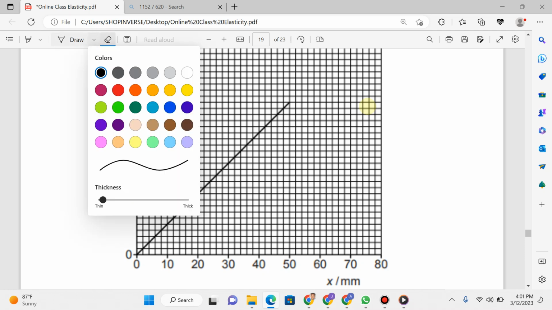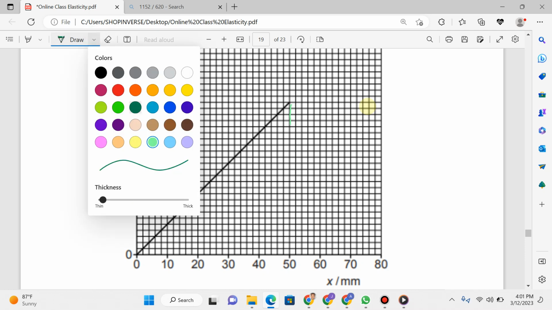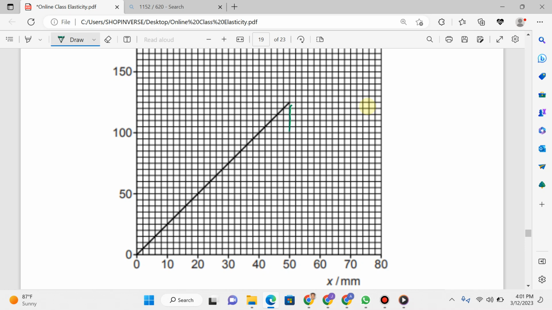I don't want to use the same color as what you have on the graph. Let me use this shade of green. So you draw your right angle triangle with a perfectly straight line, using your ruler. So you pick your values from the triangle.